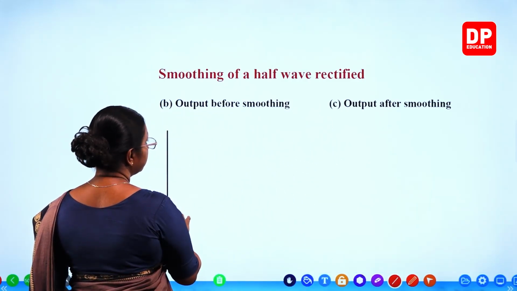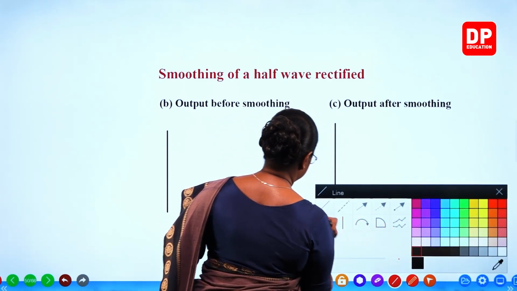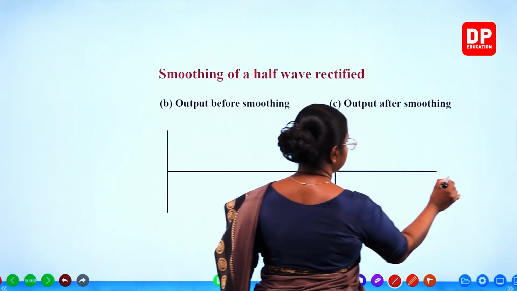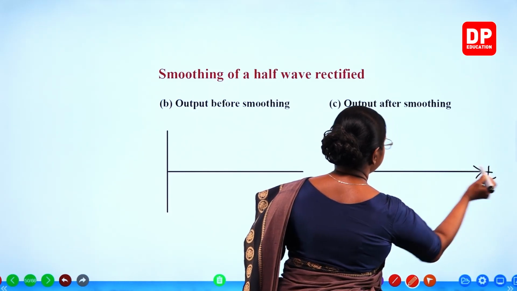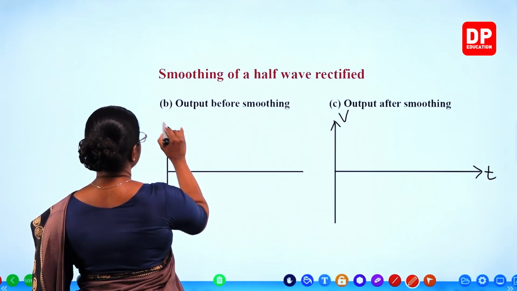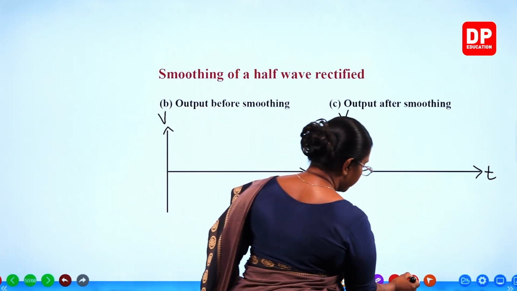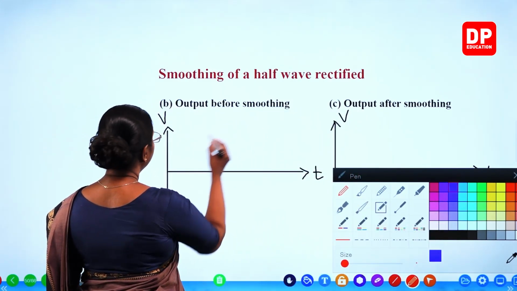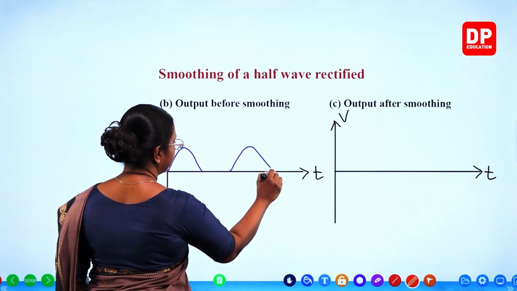If we draw them separately here, this is time, here voltage, here also voltage and time. So if we draw the graph, output before smoothing, it is going to be like that.